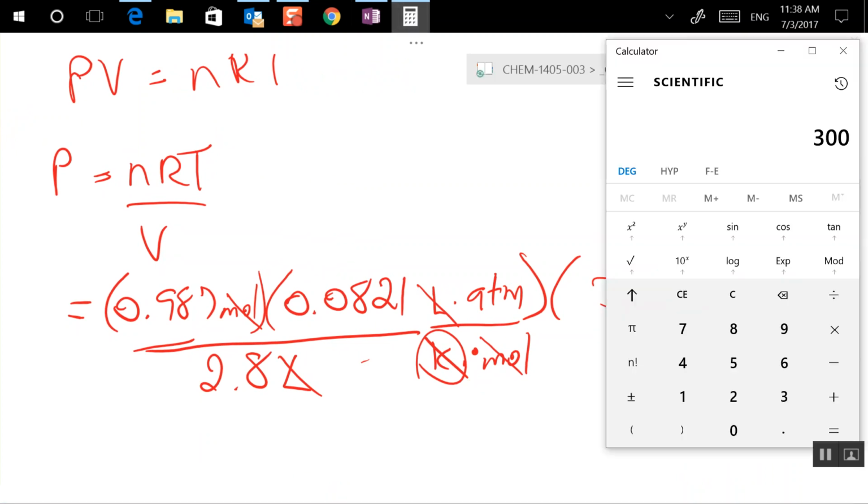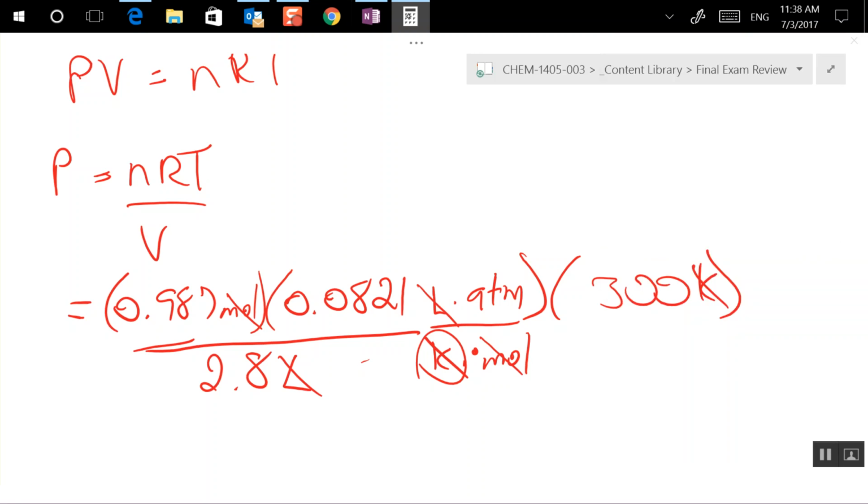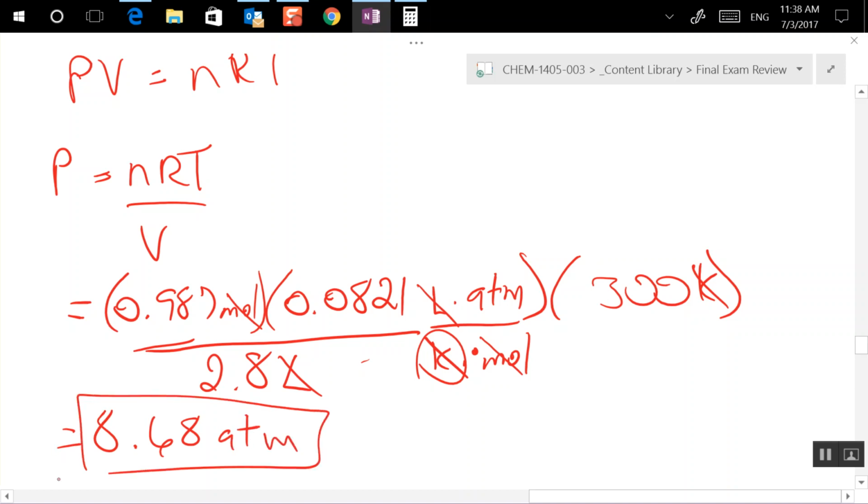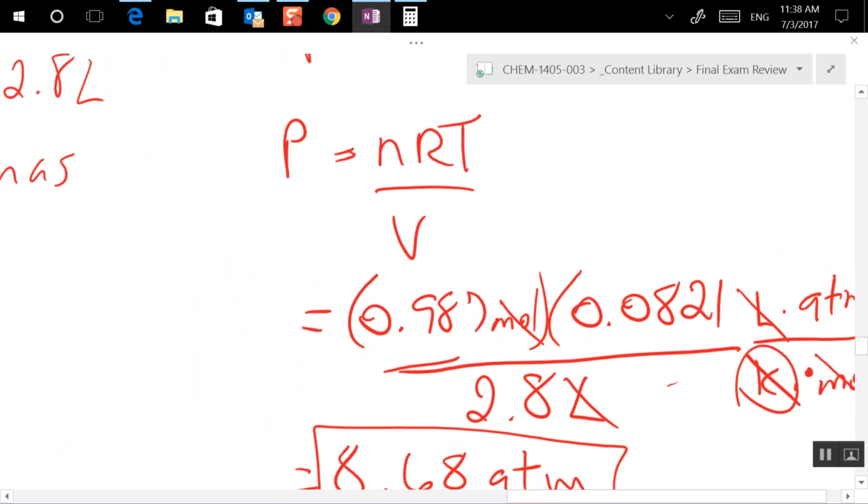Multiply everything across the top, 0.987 times 0.0821 times 300 divided by 2.8. My pressure is 8.68 atmospheres. So that's how I would solve something.